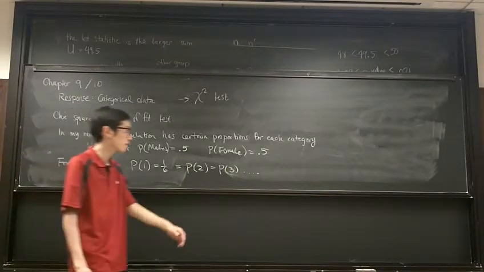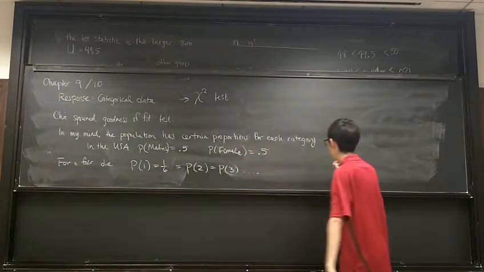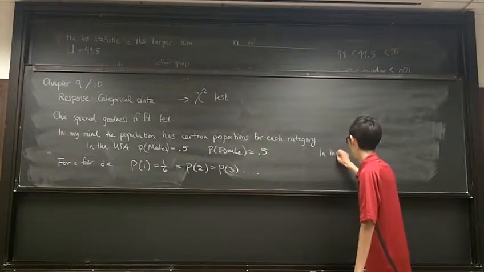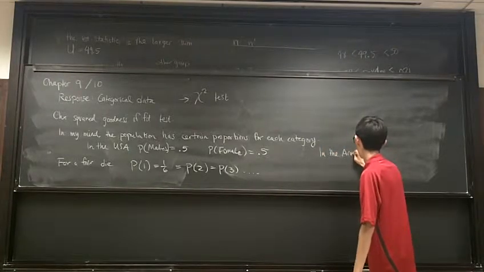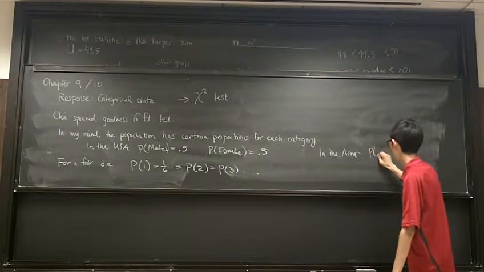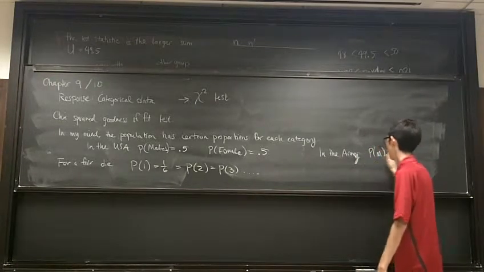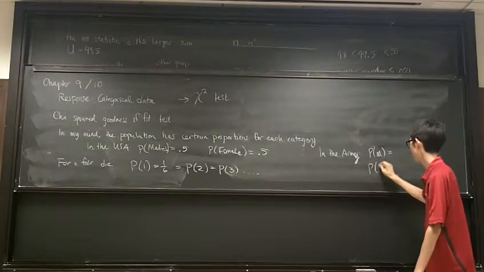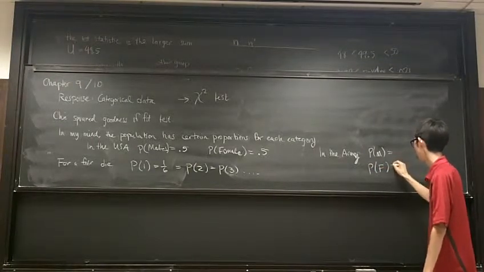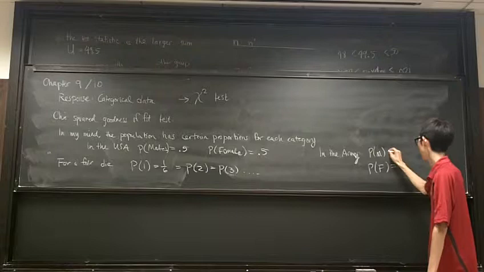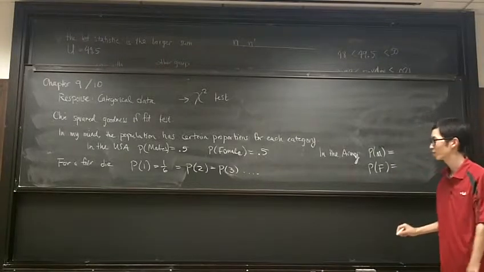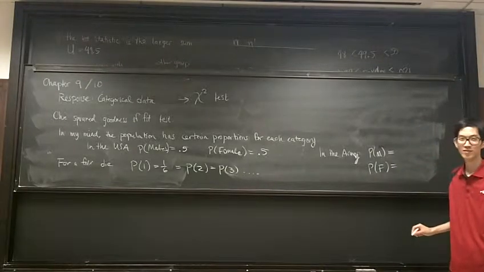You could also just say, I think in the Army, I believe the probability of male is this, and probability of female is something else. I don't know, how much of the Army is male? 85%?